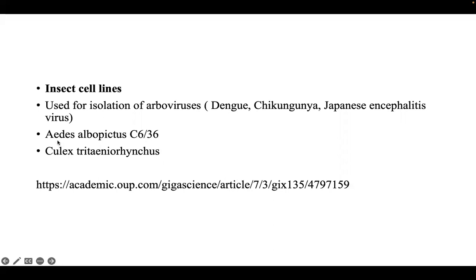There is the cell line for Aedes albopictus, which is used to isolate and culture dengue and chikungunya. And then there is the cell line for Culex tritaeniorhynchus that is used to isolate and cultivate Japanese encephalitis virus. I hope that's now clear. And if you want to read more, there is a link to the article there.